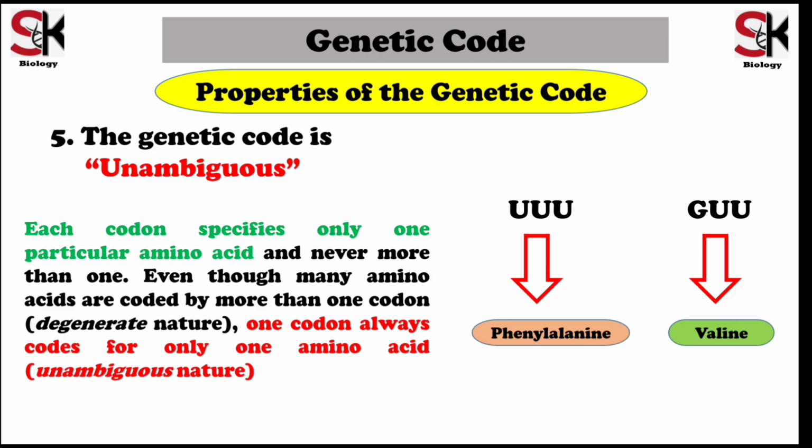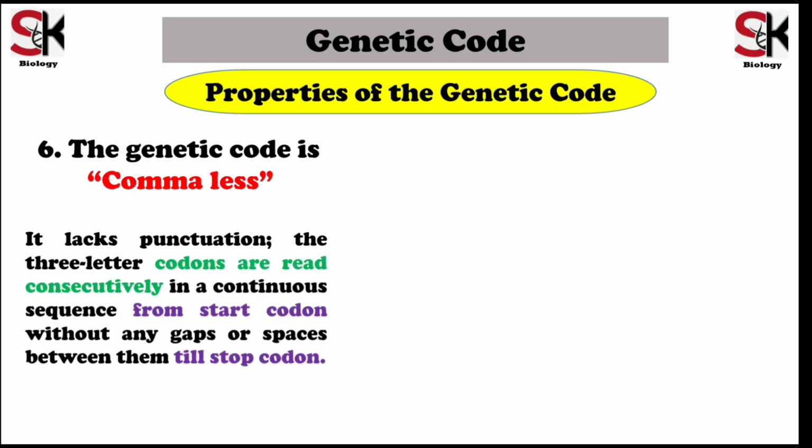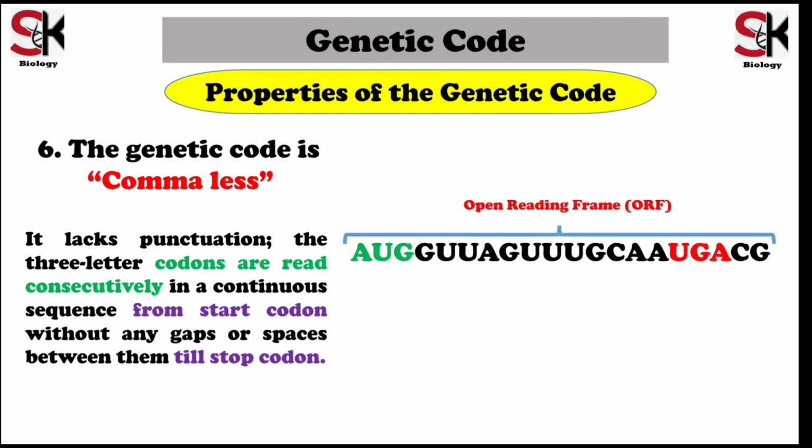Sixth property, the genetic code is commaless. This means there is no punctuation or gap in the nucleotide sequence while reading. The complete polynucleotide sequence from start codon to stop codon is called the open reading frame, ORF, and codons are read in a continuous sequence without any break.